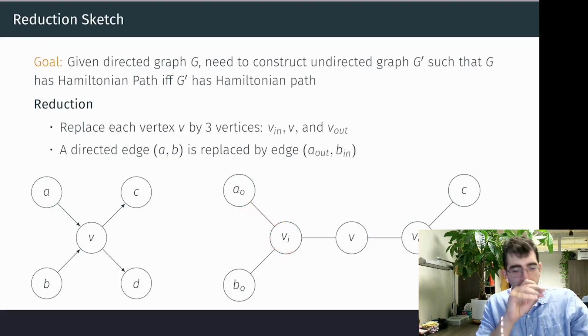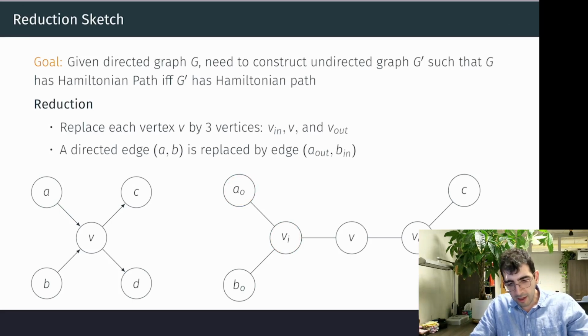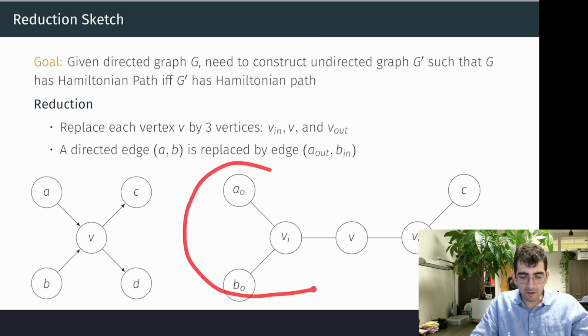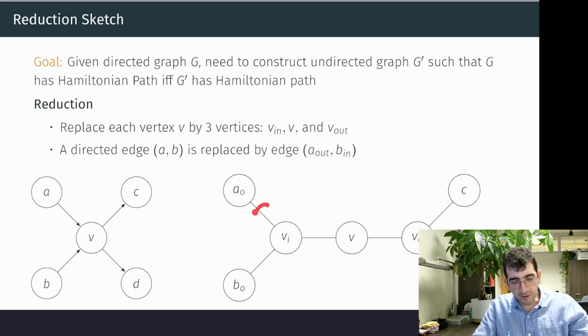Okay? So every edge in the original graph goes from an output node to an input node. And of course, we have a bunch of edges that go from input node to middle node to output node. Okay? So this is an undirected graph, right? But consider this. The fact that the edges from the original graph go from output to input still gives us a suggested direction, right?